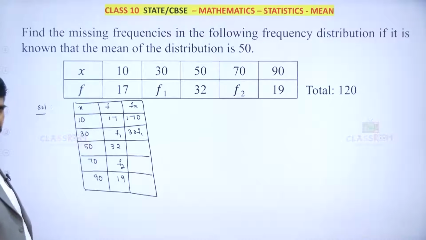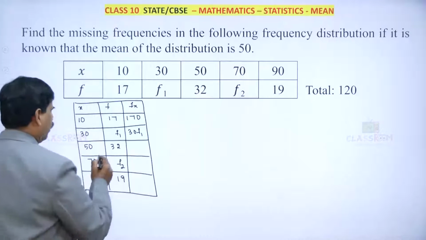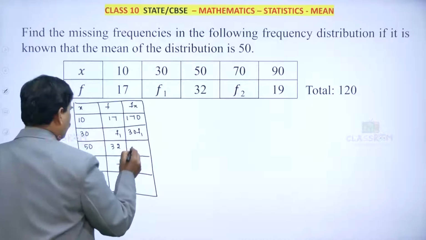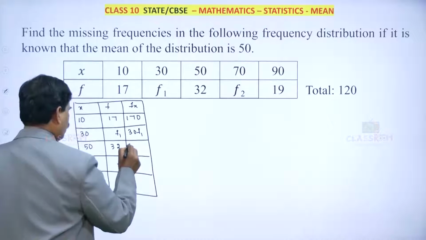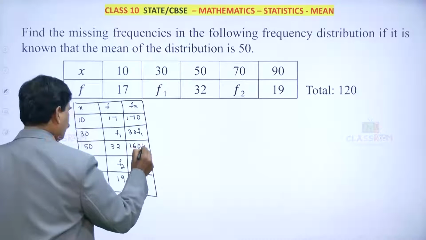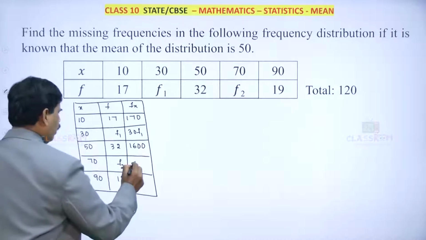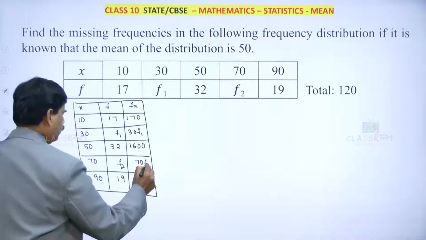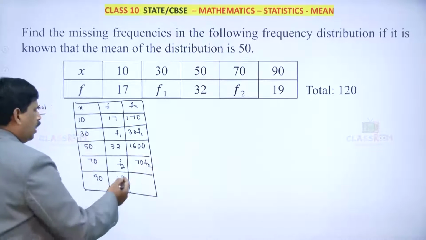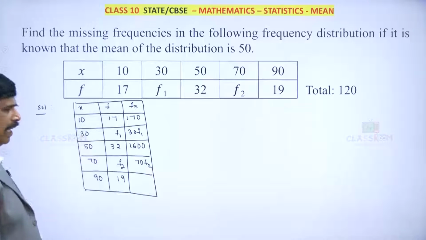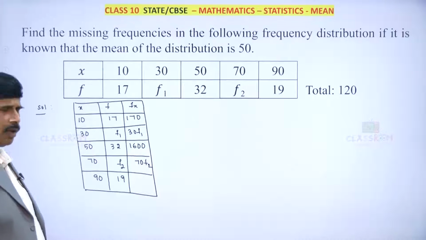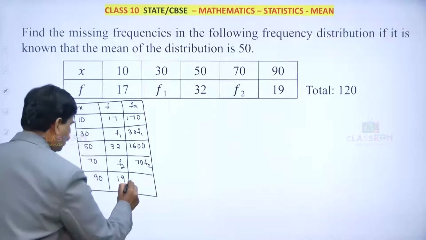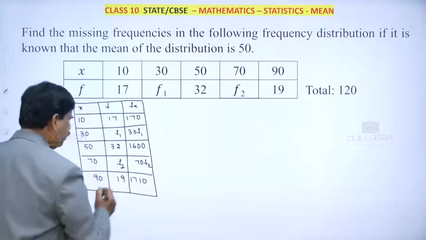Now 50 into 32. First you multiply with 5. 5 2s are 10, 1, 15, 16, 160. So it is 1600. This will be 70 f2. Now multiply 9 into 19. 171. So it is 1710.